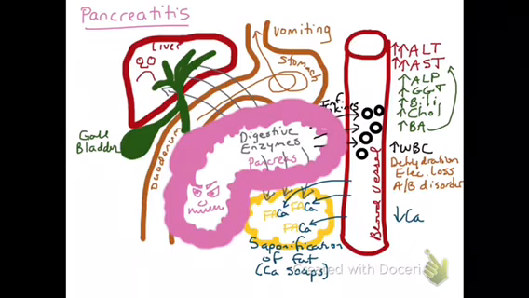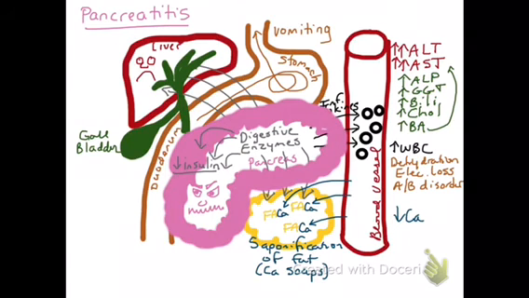Okay, so the pancreas also releases digestive enzymes into its own tissue. So there's injury to cells of the pancreas, including the islet cells. And the islet cells are responsible for making insulin. So during times of acute pancreatitis, we often see a deficiency of insulin because the pancreas isn't making the normal amount that it should.